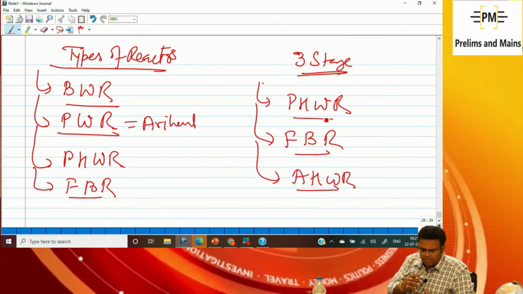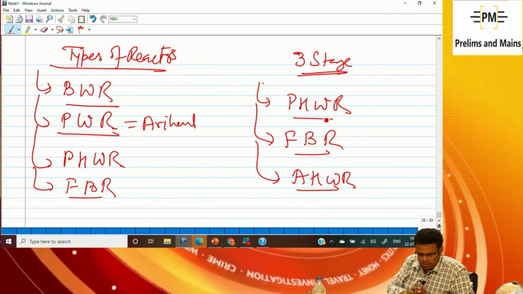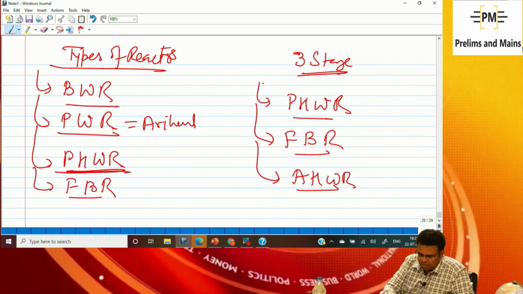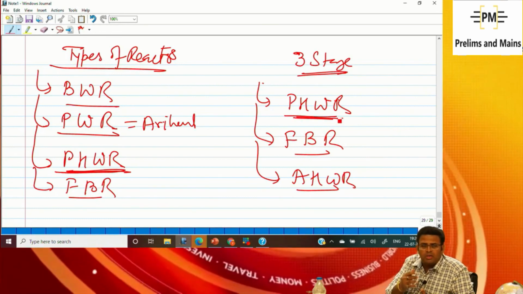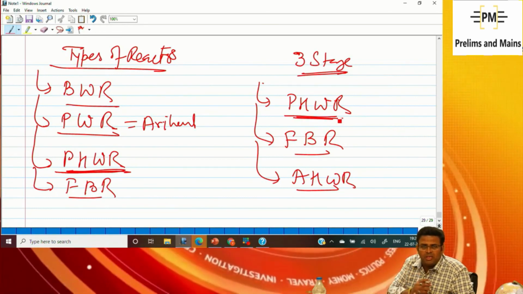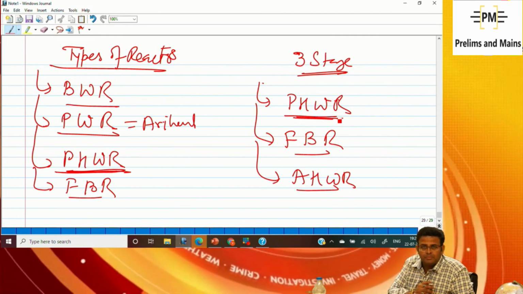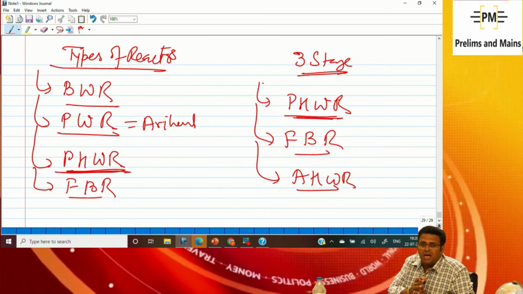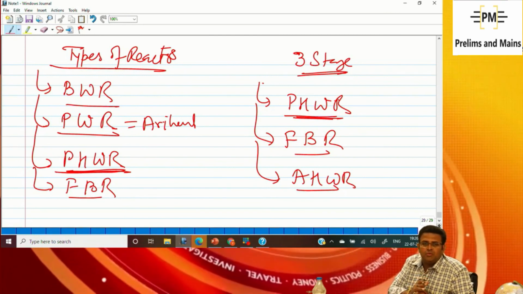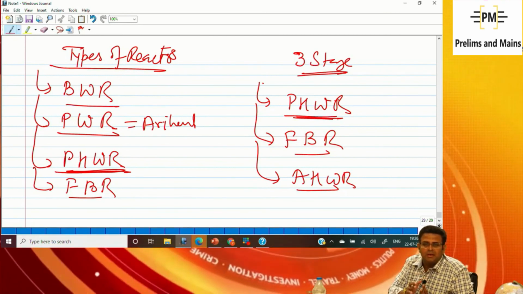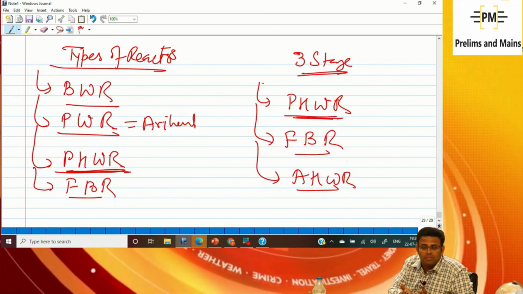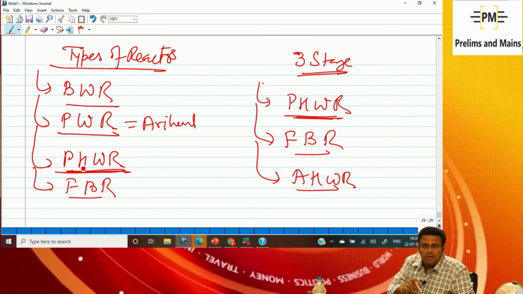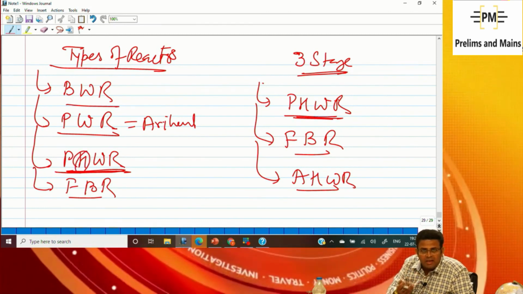Pressurized heavy water means there will be natural uranium. India is not using enriched uranium; India is using natural uranium because it is not able to import. So which kind of moderator do I need? Heavy water.